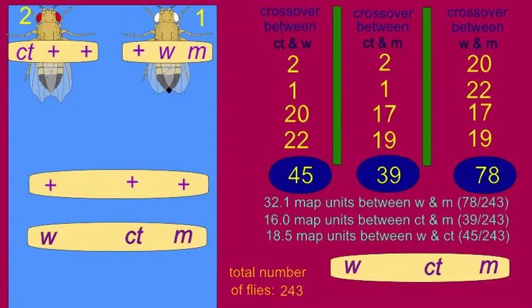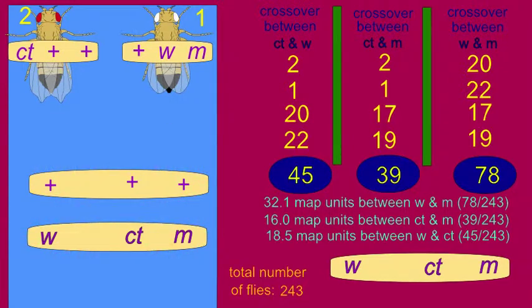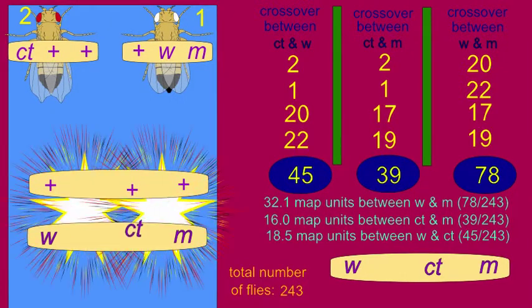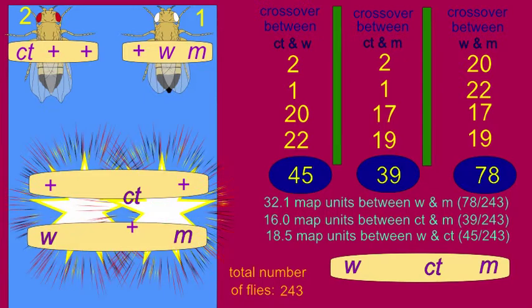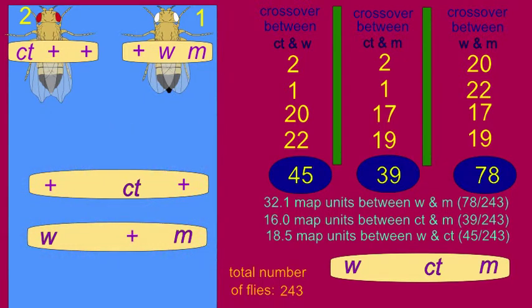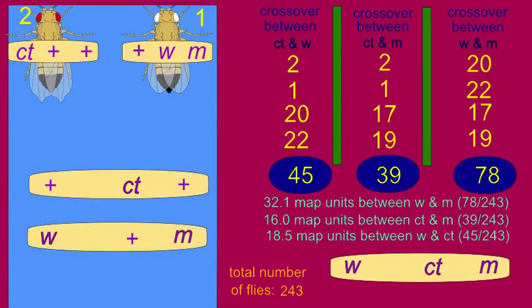But we now know that the only way to move cut is for crossover events to occur between white and miniature. In fact, two crossovers must occur for each of these flies, because if one is to move the gene which is located in the middle, there must be a crossover event on either side of this gene's position.